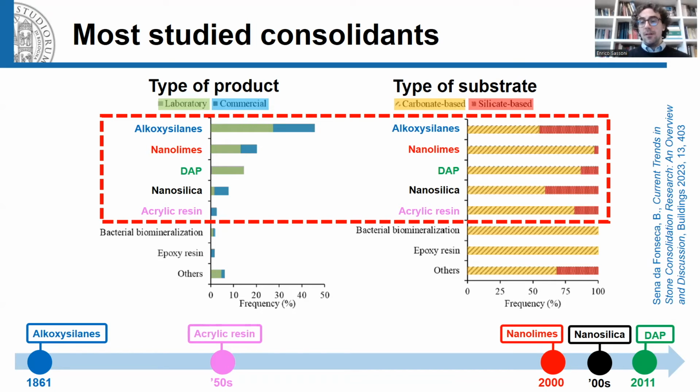So the focus of research on stone consolidants is mostly on carbonate stones like marble and limestone, because in those cases, fewer suitable options are available. So next, we will see in more detail the 5 consolidants that you see listed here, which are those that have been studied the most in recent years.